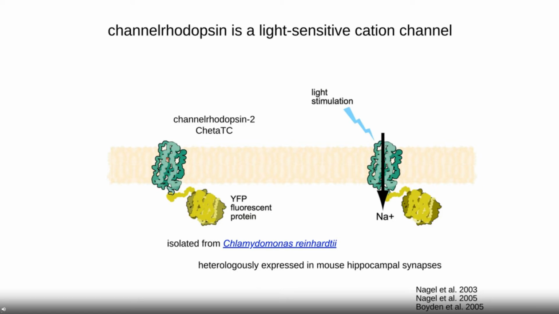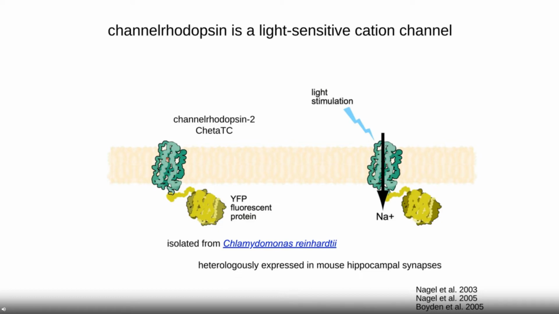At the time this was developed, channelrhodopsin was a hot new technology in neuroscience, which is widely used because by expressing it in neurons, you can make excitable cells like neurons excitable with light. Channelrhodopsin is a light-gated cation channel, and that means if you express it in a neuron and then shine light on the neuron, that channelrhodopsin will open, sodium ions will flow in, and that will trigger an action potential.